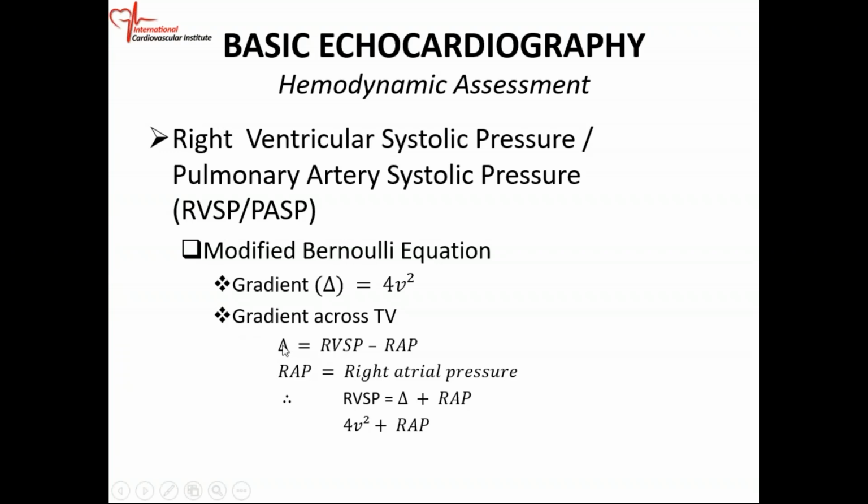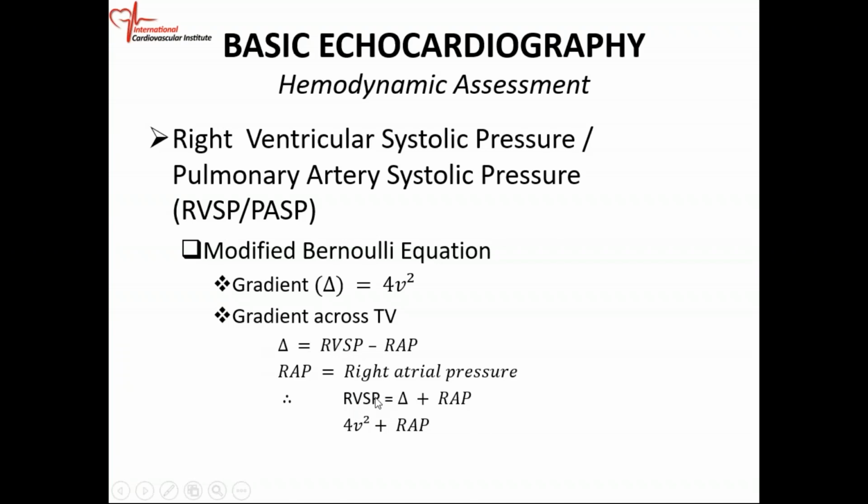Again, if we have tricuspid regurgitation, the gradient is the RV systolic pressure minus the RA pressure. If you rearrange the equation by moving your RA pressure to this side, then you get your RV systolic pressure.